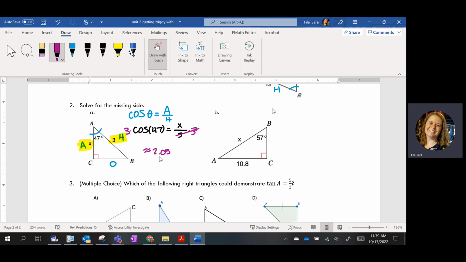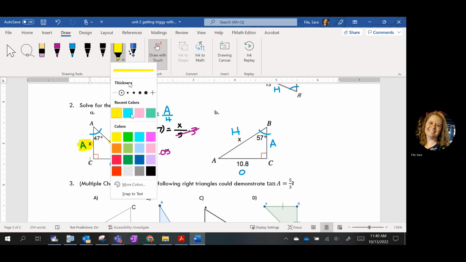All right, in B, if I do the same thing, I label from the given acute angle, which is the 57. The 10.8 is the opposite side. This is adjacent, and this is hypotenuse. So this time they're actually asking us to find hypotenuse, and we are given opposite. So we need to see, which trig function am I going to use this time?